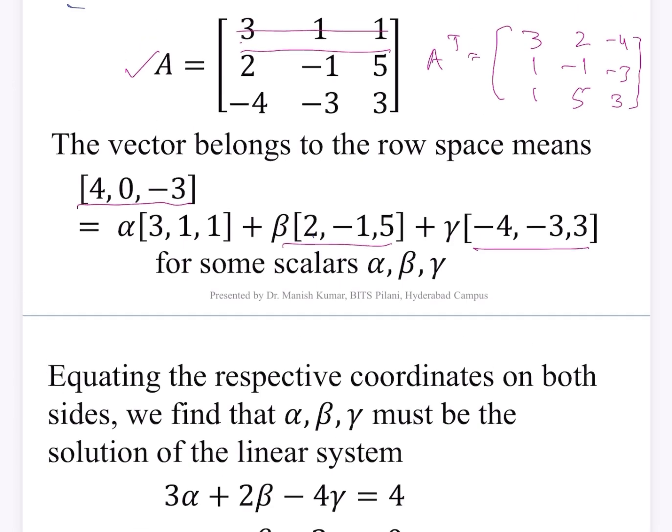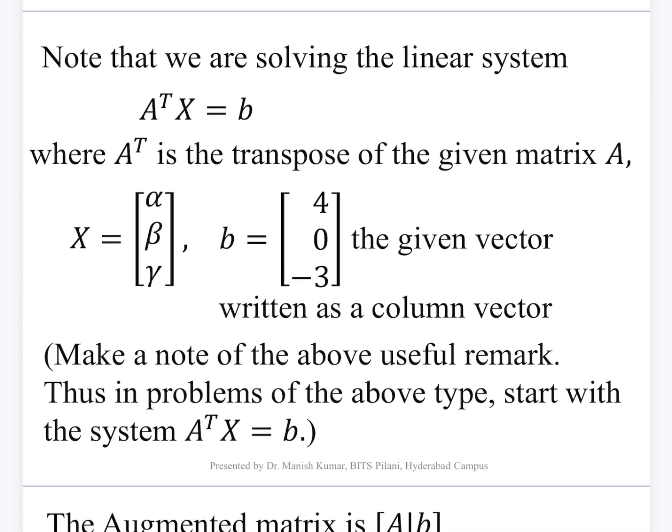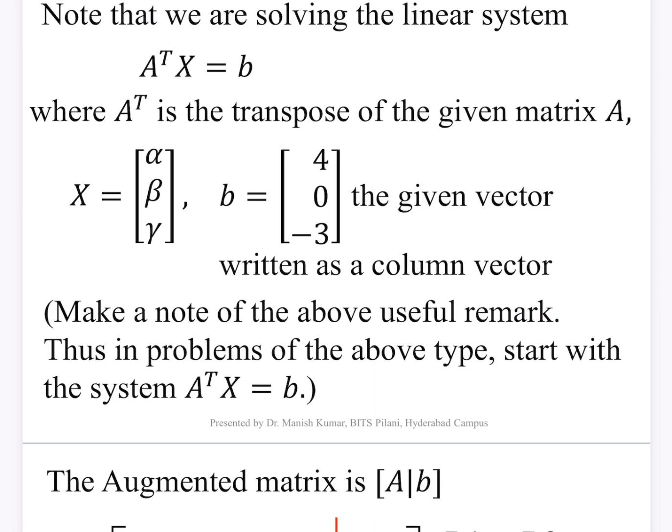So basically, instead of solving Ax equal to B, we are solving A transpose X equal to B, right? Just a symbolical representation. Otherwise, the taste and smell are all the same. So X is alpha, beta, gamma, and B is this.